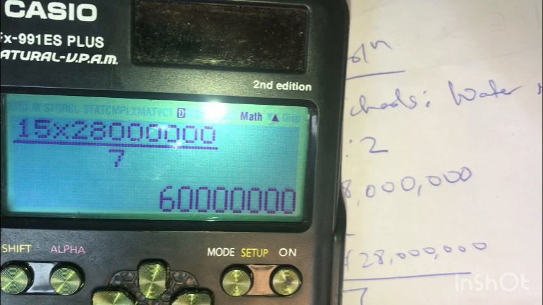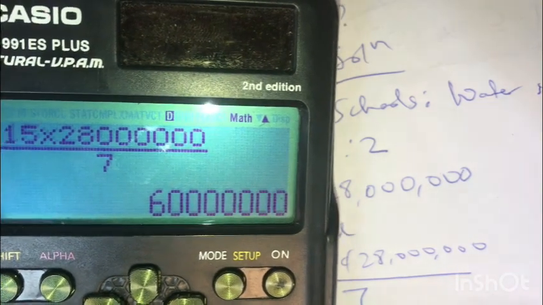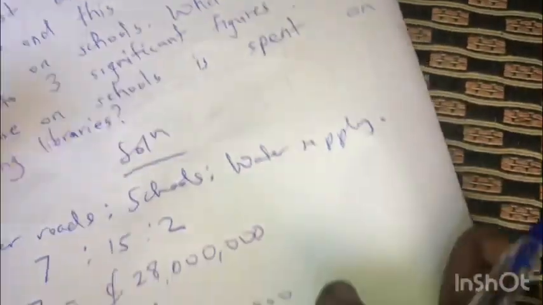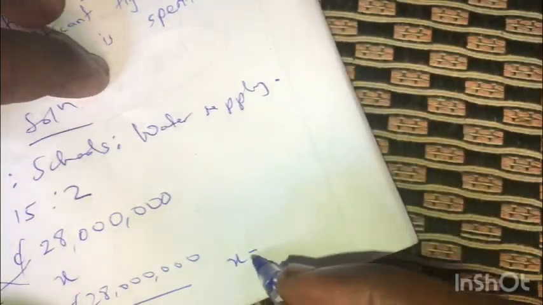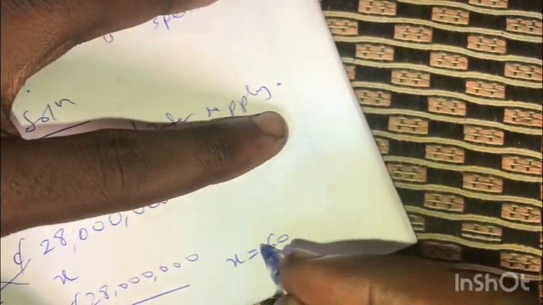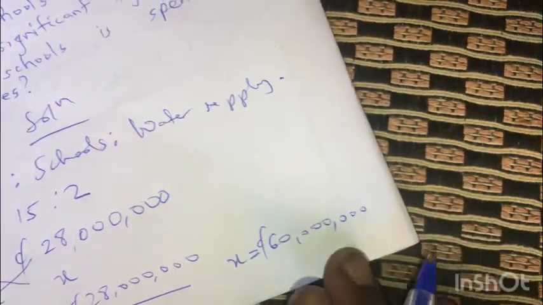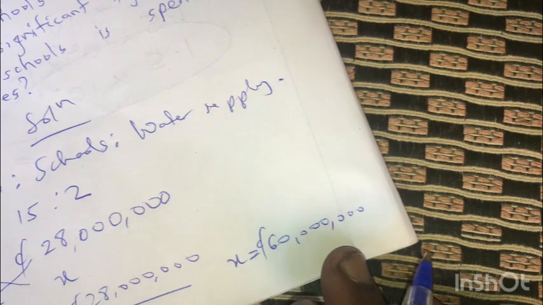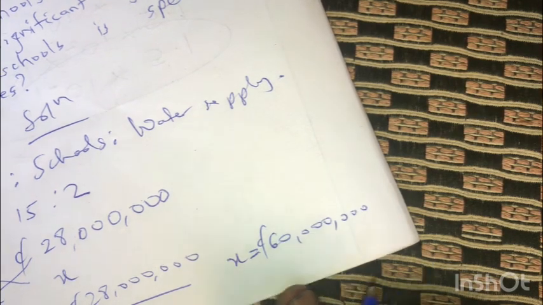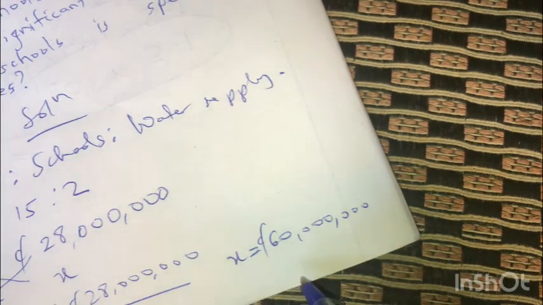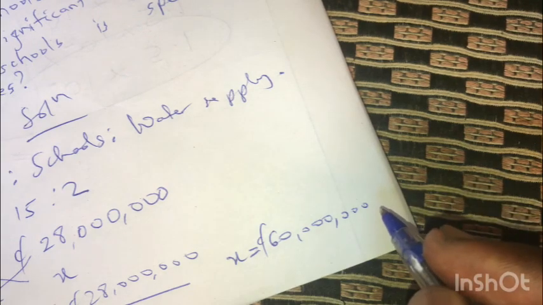What is that? 20 what? Million. 20 million. So x equal to 20 million Ghana cedis. So the amount or the expenditure on schools is going to be 20 million cedis.